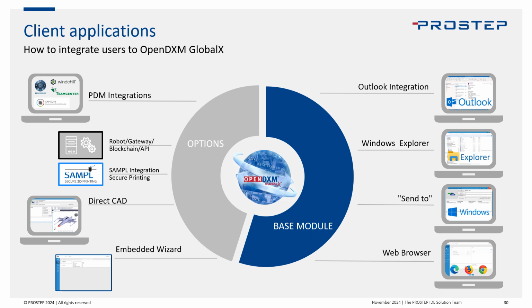But really the core power within OpenDXM GlobalX is in the PDM integration. This is where a user from within a PDM doesn't need to leave. They can stay, create a transfer package, and select the recipient, which has behind the scenes that recipe for any different types of translation, quality checks, or data needs that the recipient might have.